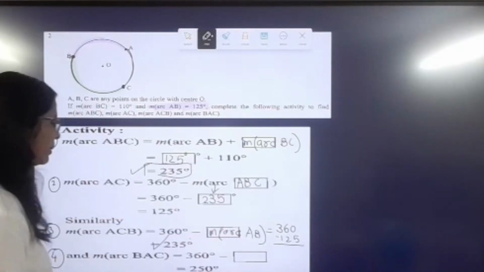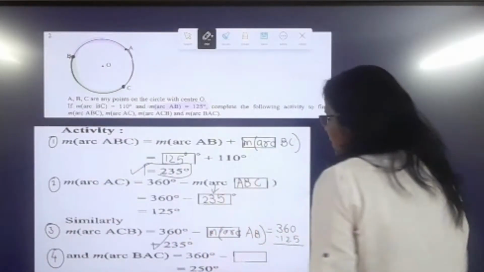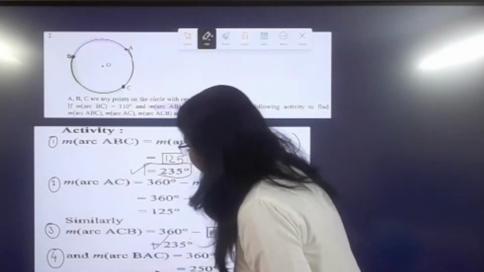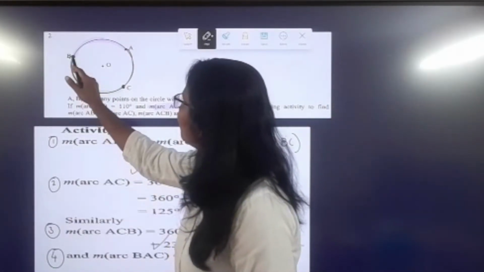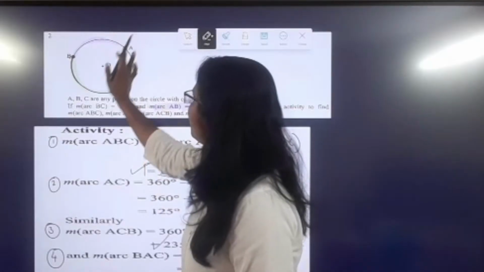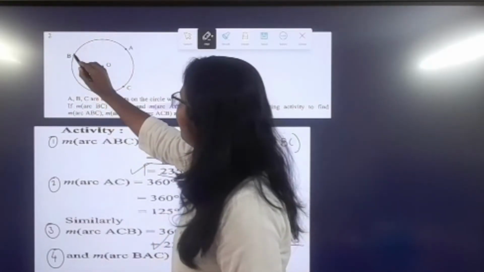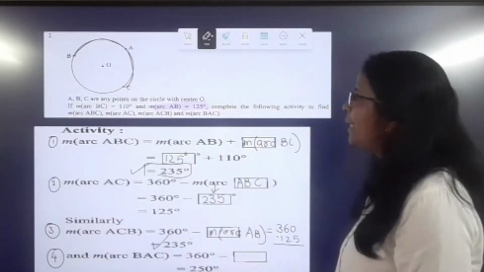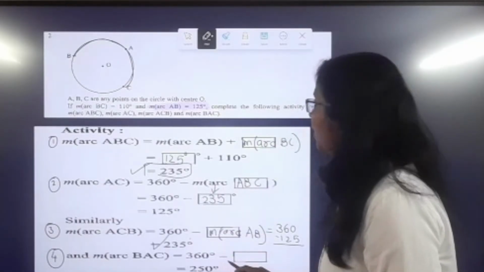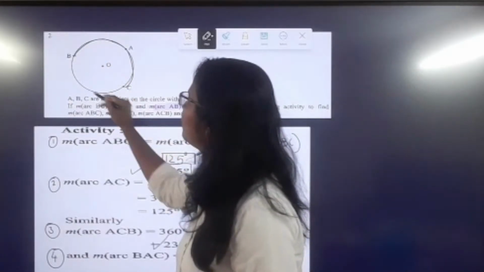Then the fourth part, major arc BAC. We have to calculate this portion, major arc BAC. How can we calculate that? That is 360 minus major arc BC.